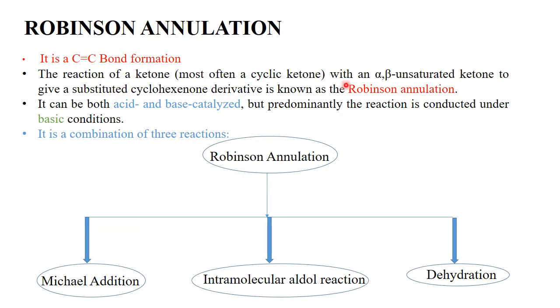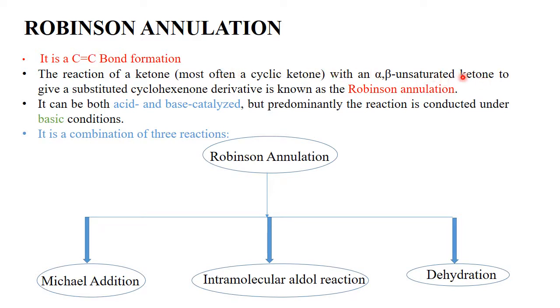Robinson annulation reaction. Robinson annulation reaction is a carbon-carbon double bond formation reaction. In this reaction, two fragments couple with each other and give a carbon-carbon double bond.